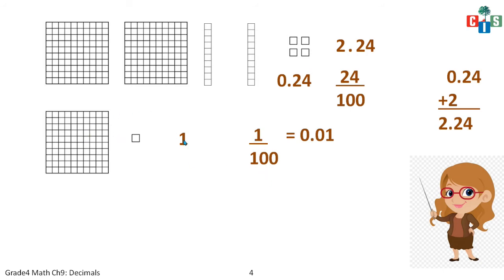This block, what has ma'am written? 1 by 100, and it can also be written as 0.01. So I will write 1 whole for 1, and because this is not a whole part, I will write a decimal point and then 0.01. Clear? Okay.